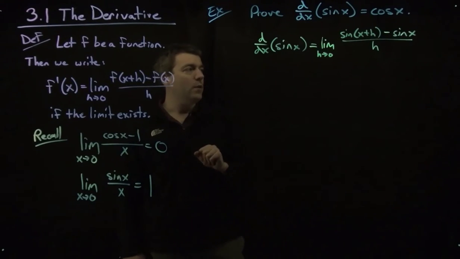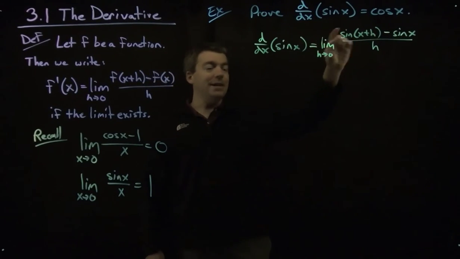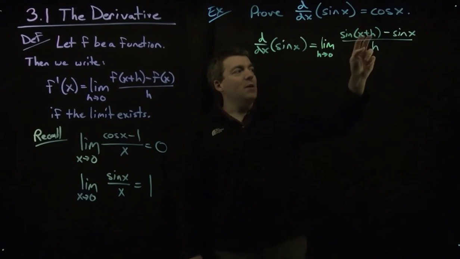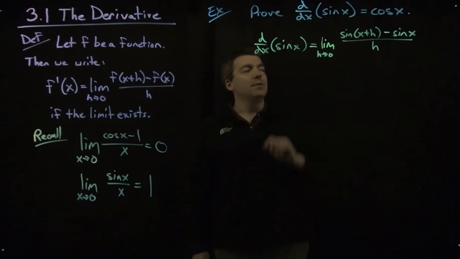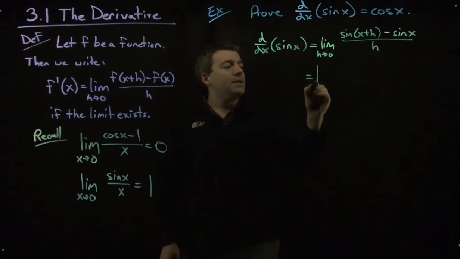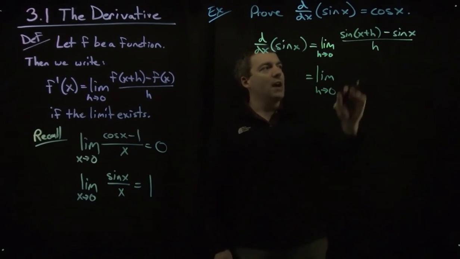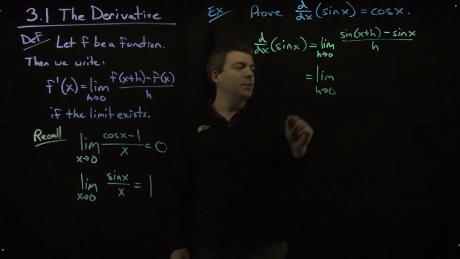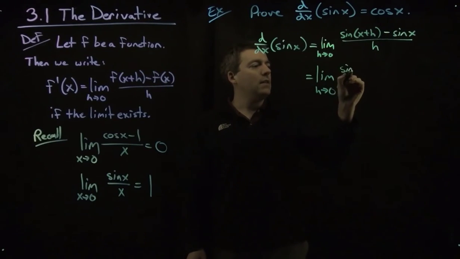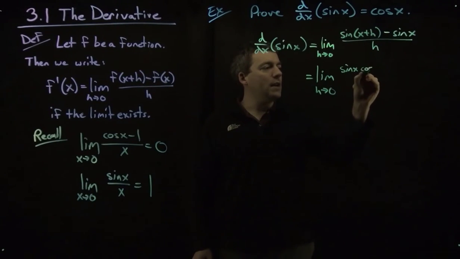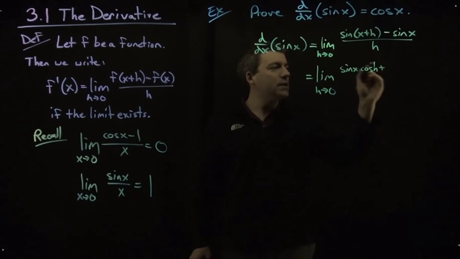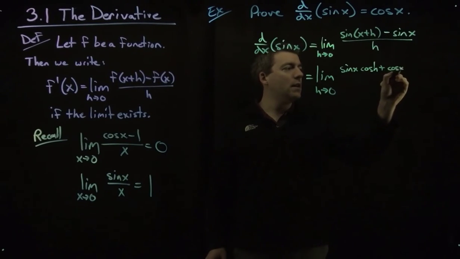If you recall your trigonometric identities, we can use a sum formula to split this up. So we have the limit as h goes to 0, and sine of x plus h is going to be sine of x cosine of h plus cosine of x sine of h.